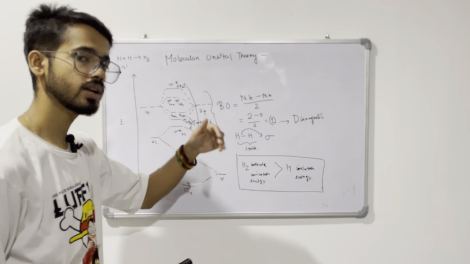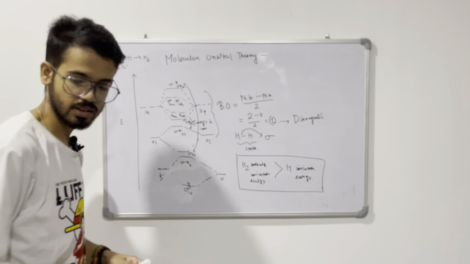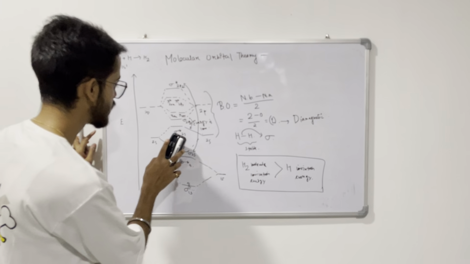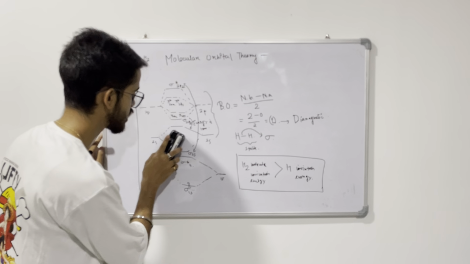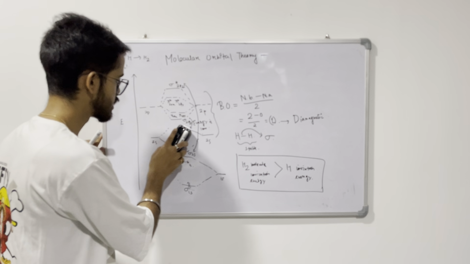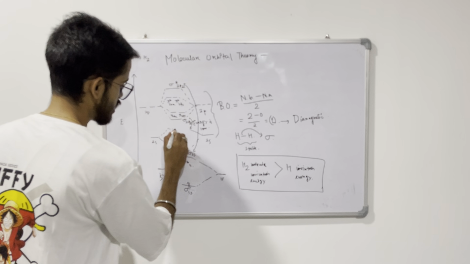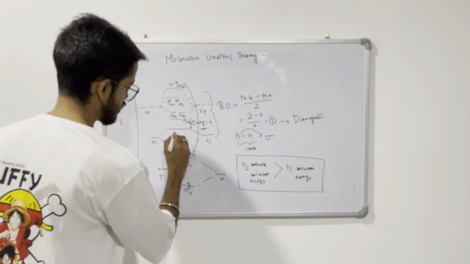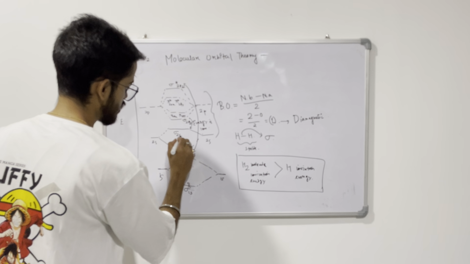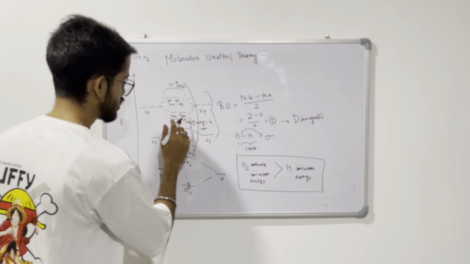The increasing one increases, the decreasing one decreases. So after mixing, when electrons are filled, these energies are like this. After mixing, sigma star 2s slightly goes down.